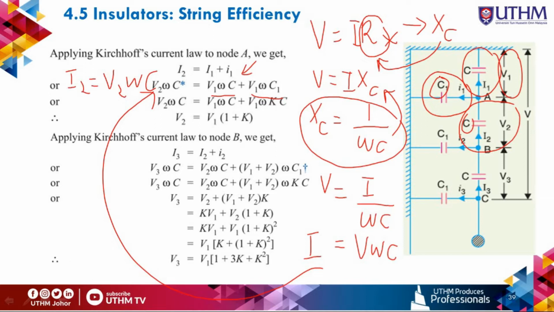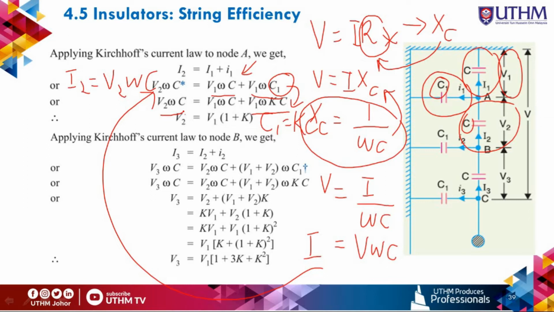And then we have to replace, as I mentioned before, C1 is equivalent to KC, right? So you have to substitute this C1, so it will give this equation. V2 omega C equivalent to V1 omega C plus V1 omega KC.